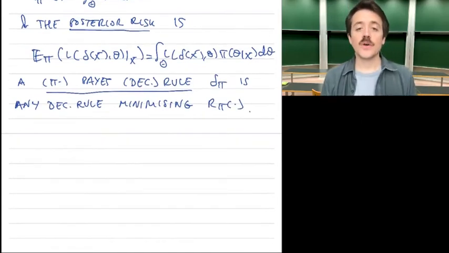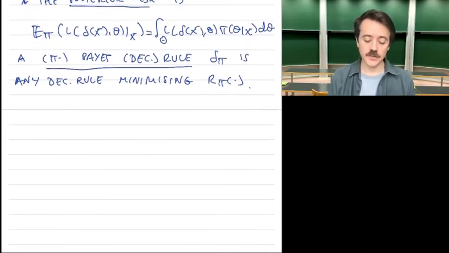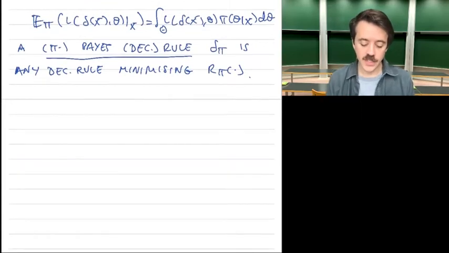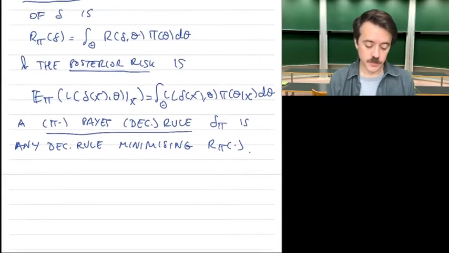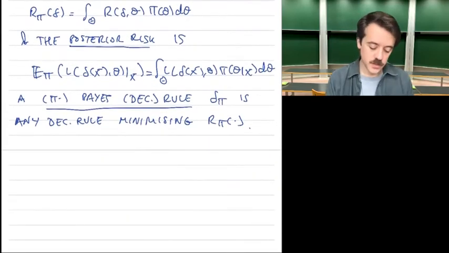Okay, so let me make a claim now. How do we connect the Bayes risk to the posterior risk, or is there any relationship? Well, very likely there is. Maybe I can leave it there for you to see it. So let's make a claim.